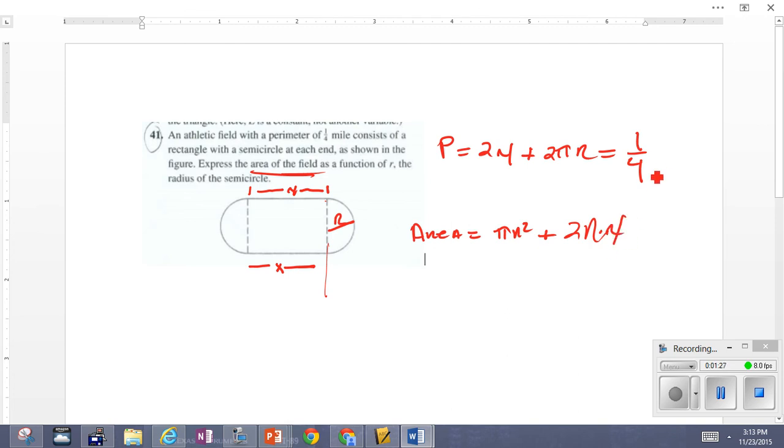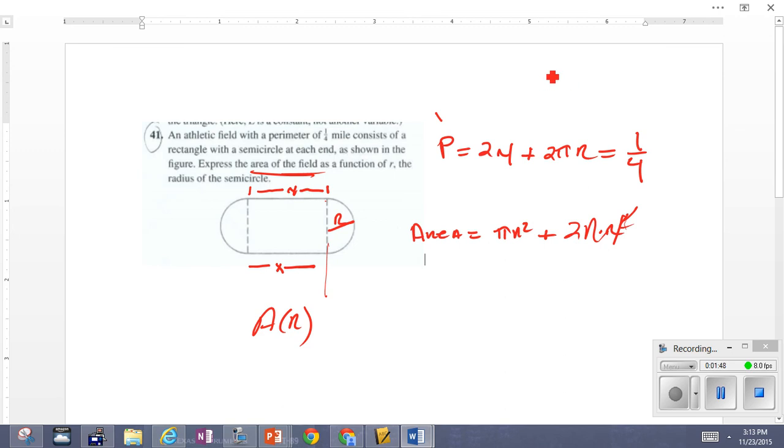Now, they want us to express the area as a function of r, so we need A of r, which means we can't have x in our area function. So we come back to this perimeter and we solve this for x.